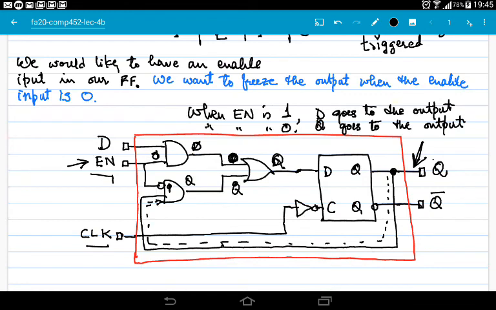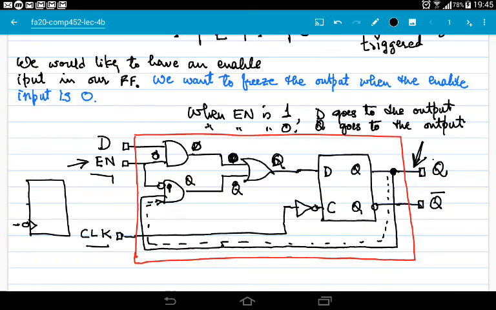So the circuit symbol of this flip-flop, let's draw it here because I've run out of space on this page and I don't want to start a new page. So this is our flip-flop. This is the dynamic clock indicator, and this is the bubble indicator. It's a negative edge triggered flip-flop.